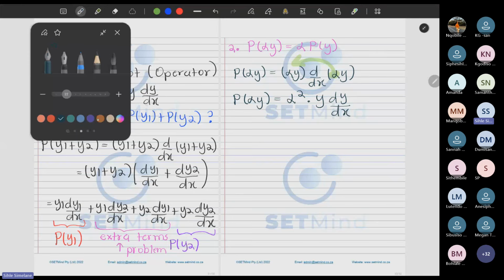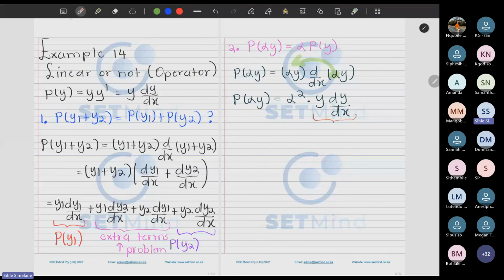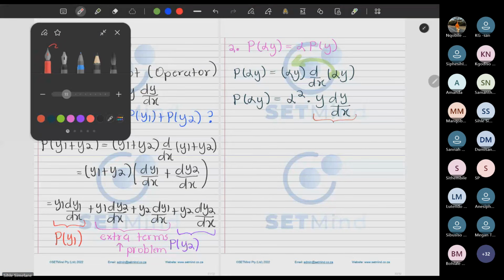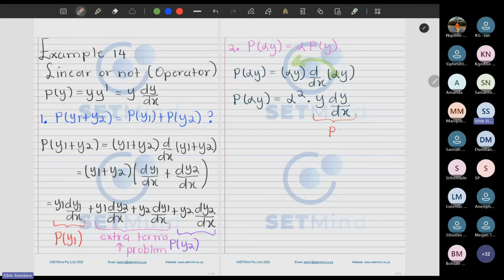But when I look carefully at my original equation, this part here is just p y. So what is my answer?